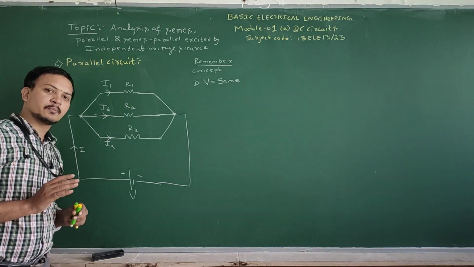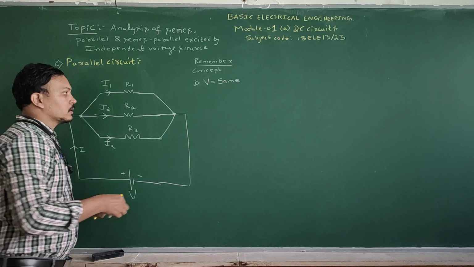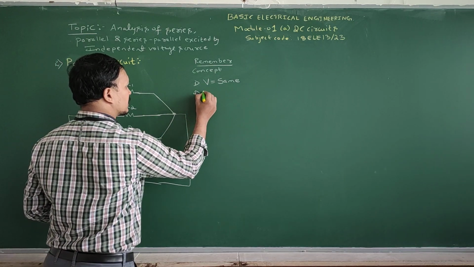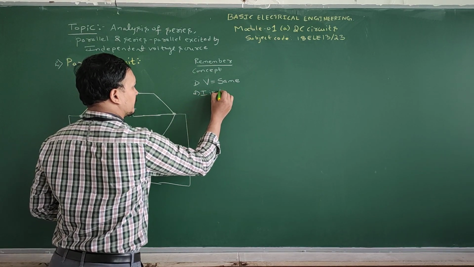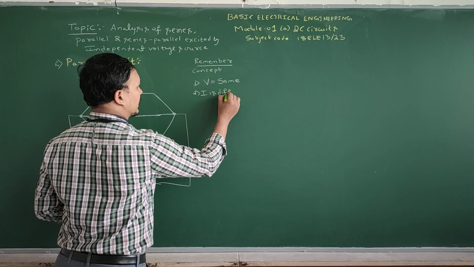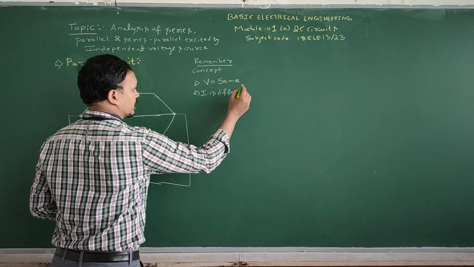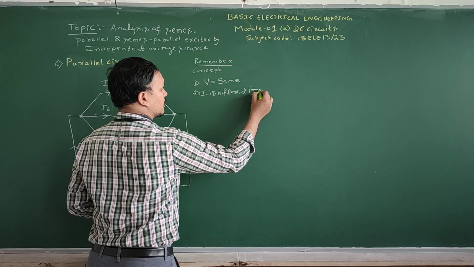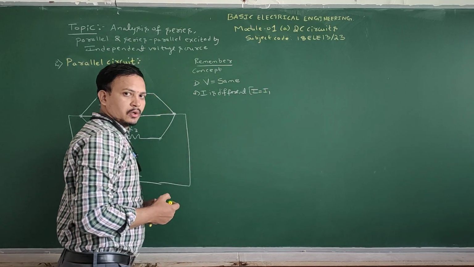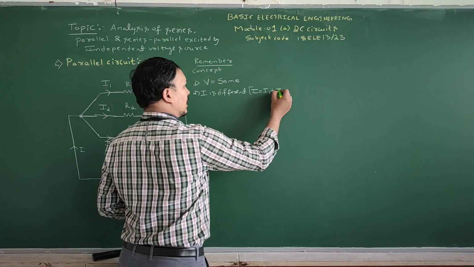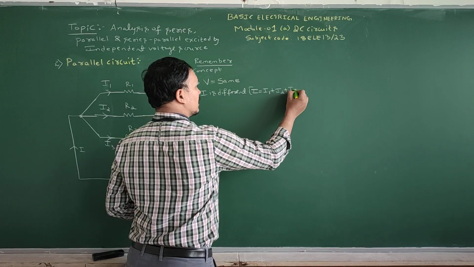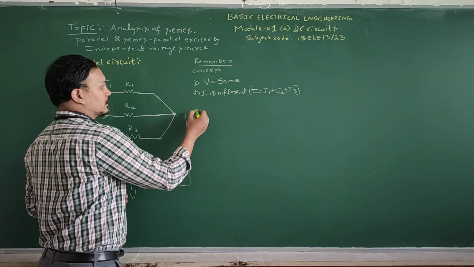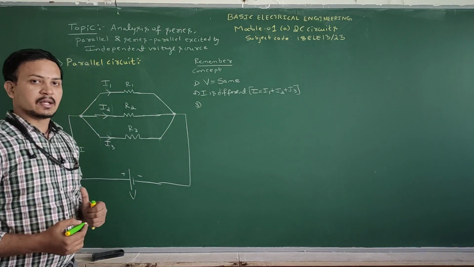What is the common thing in parallel? Voltage is common. Therefore, we can write the second concept: in a parallel circuit, current is different. However, it is equal this way: I is equal to I1 plus I2 plus I3.